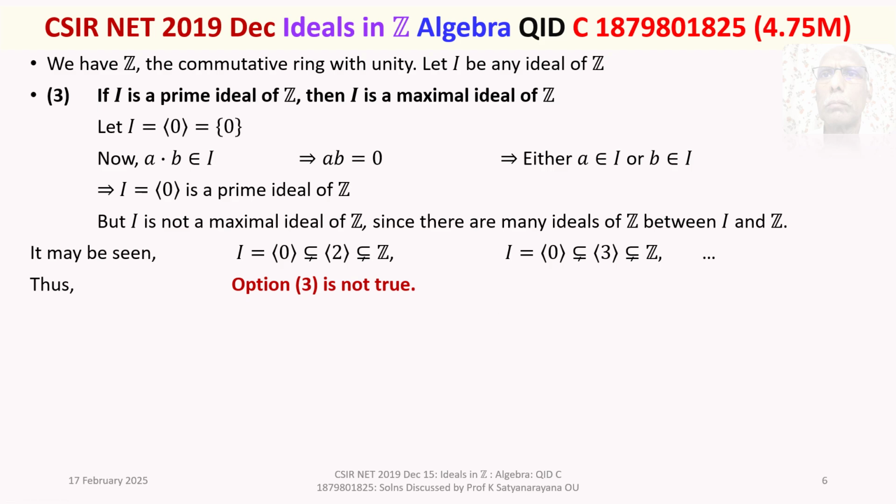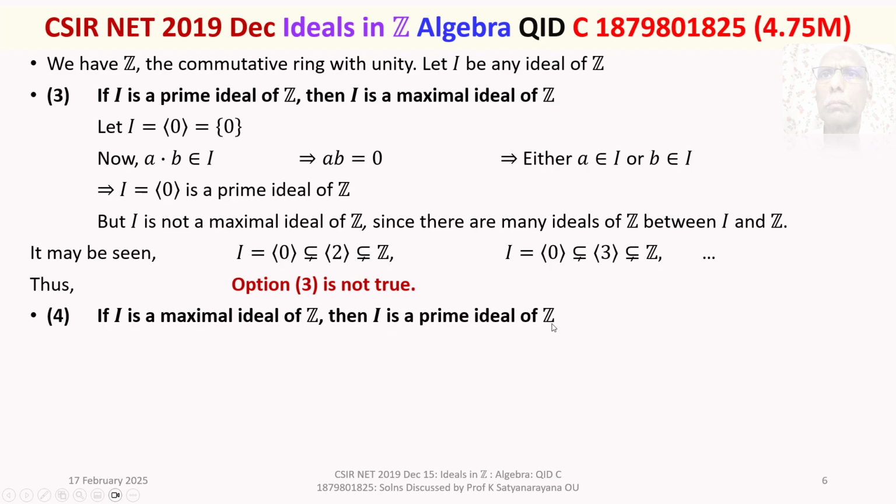Now we ask the reverse question. If I is maximal, can I be a prime? If I is a maximal ideal of Z, then I is a prime ideal of Z. Yes, this is true, because in a commutative ring with unity, every maximal ideal is a prime ideal.